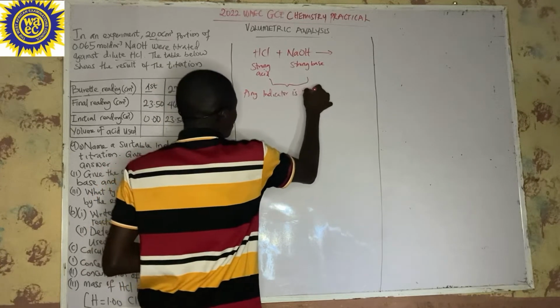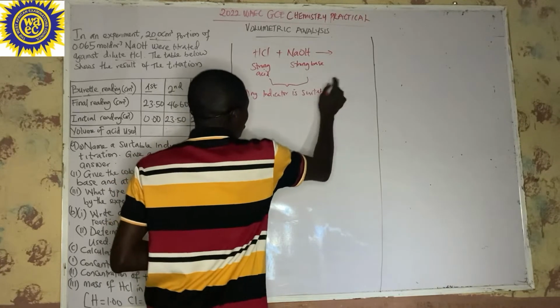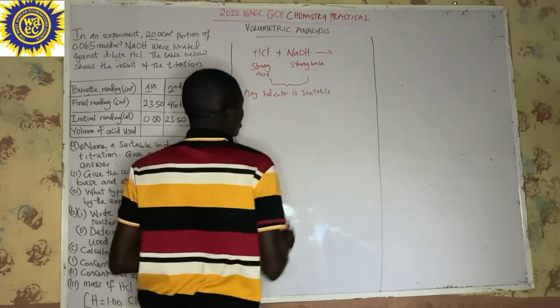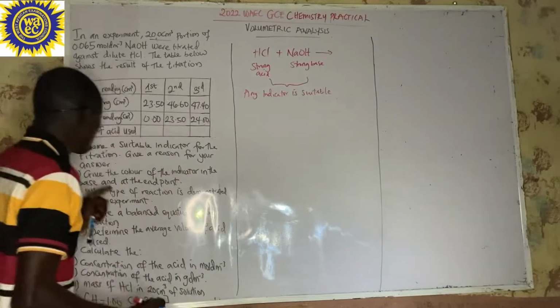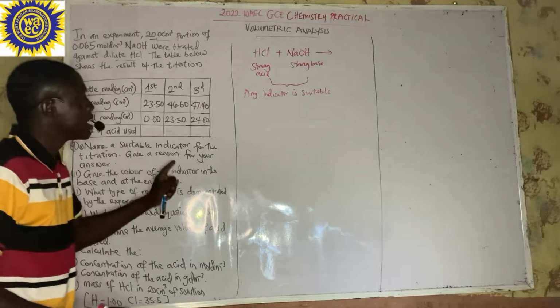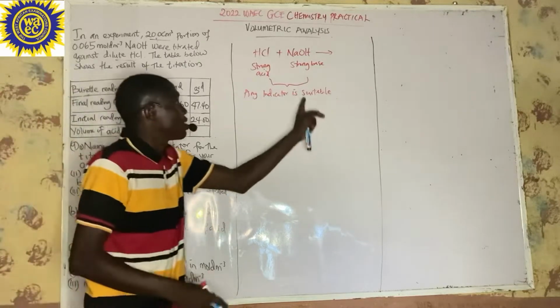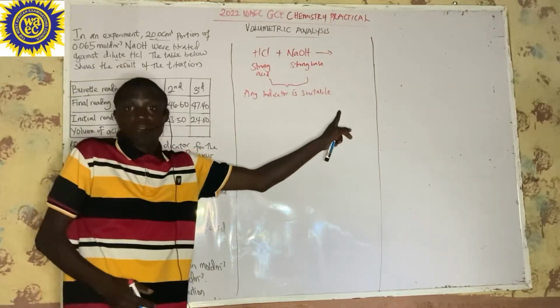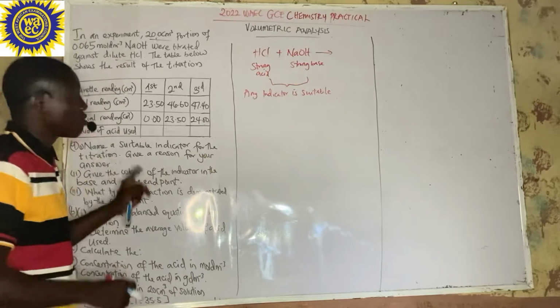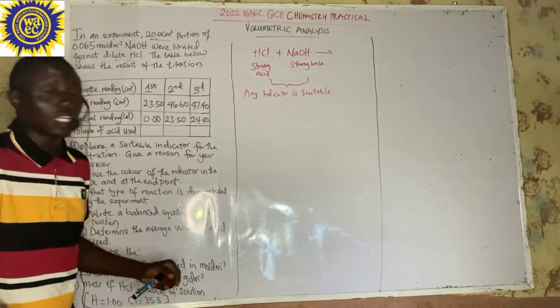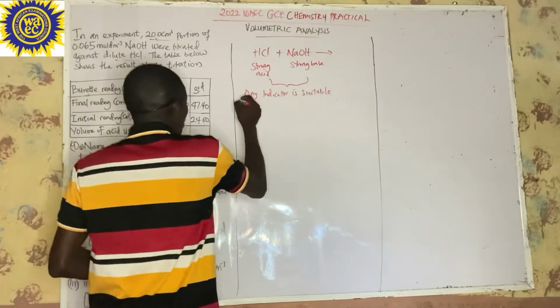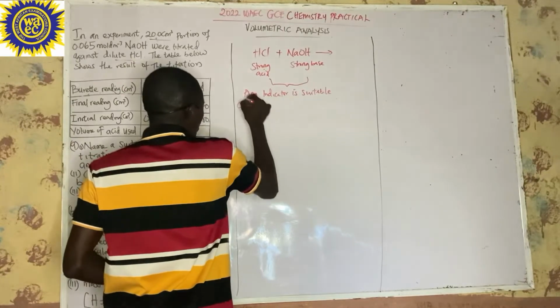But we have to mention a suitable indicator. You have to specify this time around. If you write any indicator is suitable, then you are going to lose a mark for that. So that's why you have to mention one, since we have different types of indicators. You can mention one of these indicators.